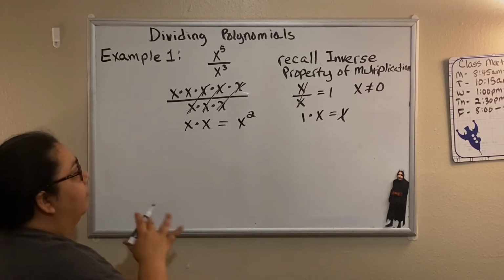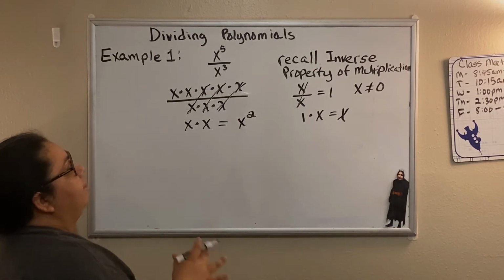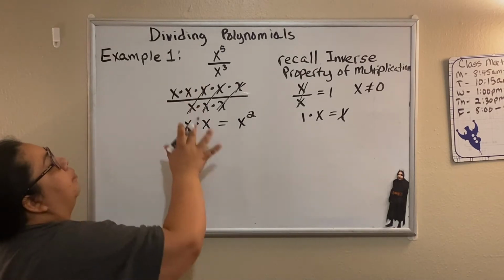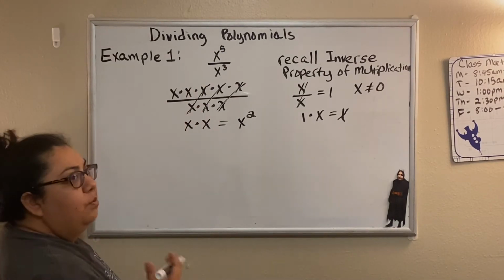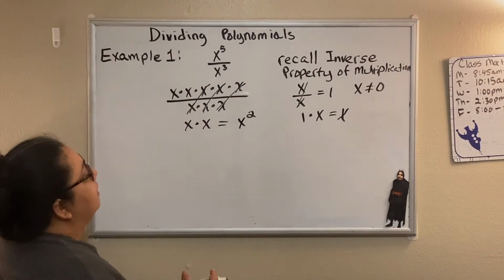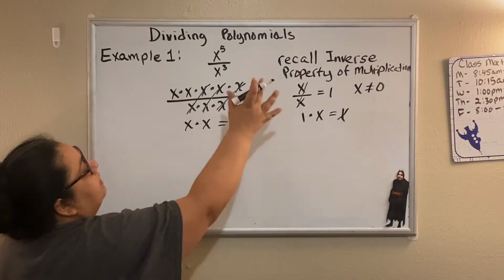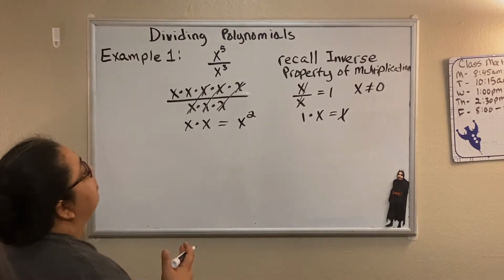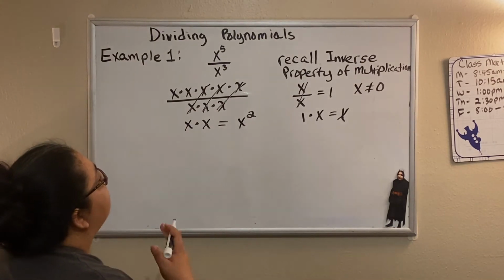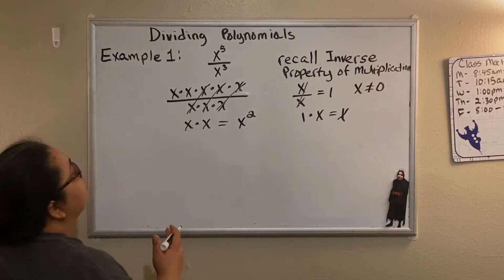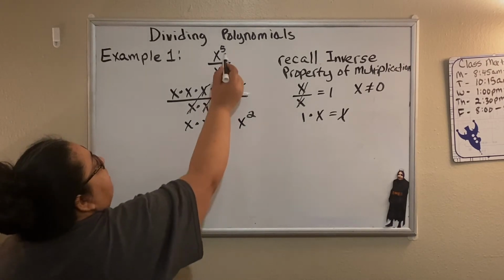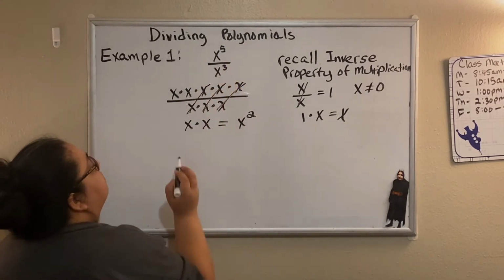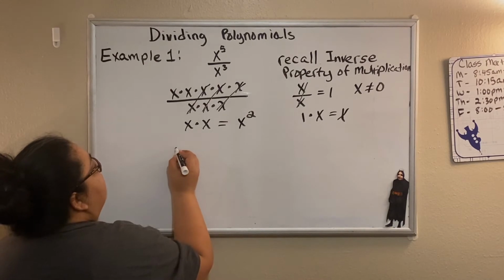Now that's one way of doing it, but what if the numbers were 23 over 17? It would not make sense to write that many x's and then just cross off every pair. So a more efficient way to do this is to subtract the exponents.